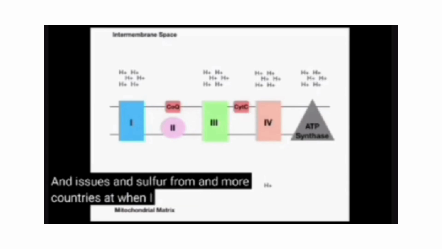The yield is 28 to 32 ATP molecules per glucose molecule, depending on efficiency. So these steps finalize the conversion of stored energy in glucose into usable ATP.